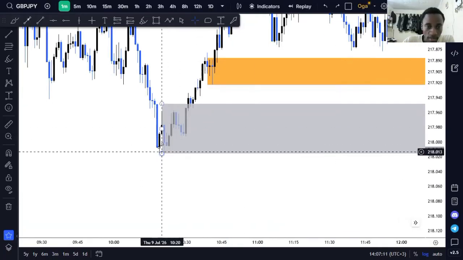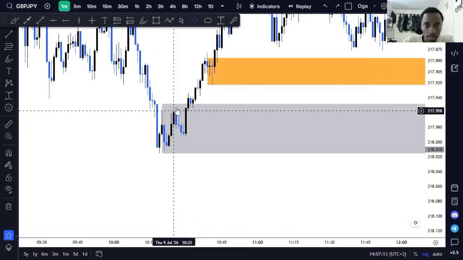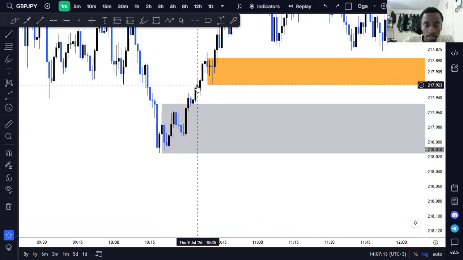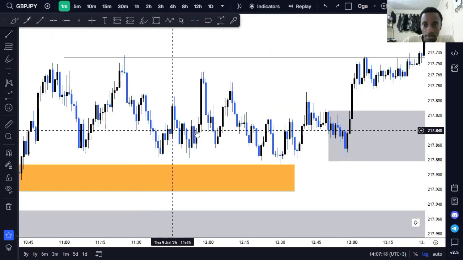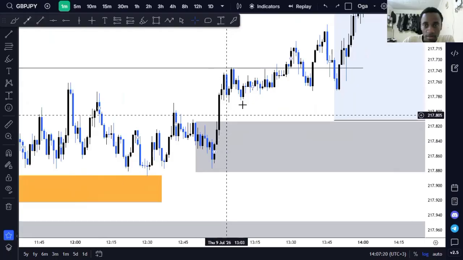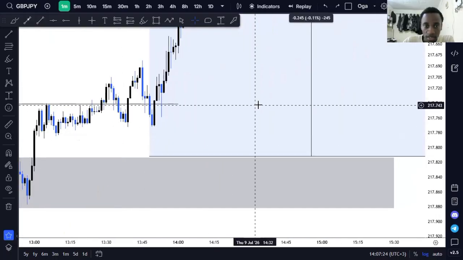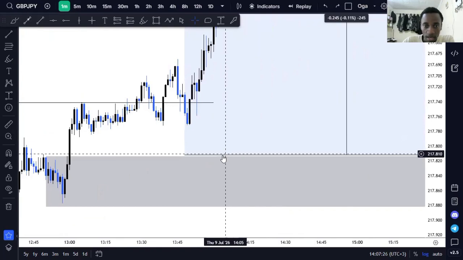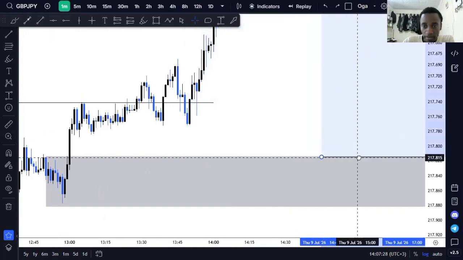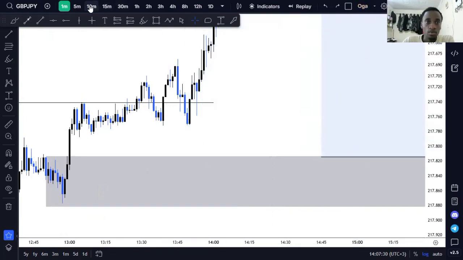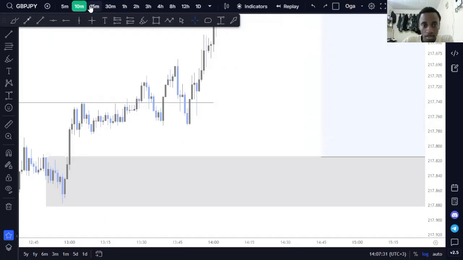So here we had a confirmation, took it, it came to this point and reacted to it. So for us to take a nice setup from this point, we shall wait for a reaction inside it, and then a confirmation maybe on 5 minutes or 10 to see if it's going to be a valid one.